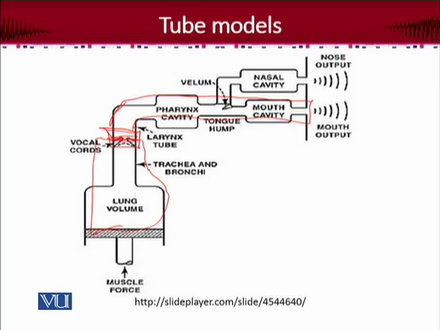There are curves, you see. The resonator has these curves, and they change the values of the frequencies. And when it is a nasal sound, then you can also think about the tube shape. So that's the idea of the tube models, how they change the various frequencies, and how the resonating frequencies are altered in order to produce different sounds. This figure is presented here just to give you a rough idea of the tube.